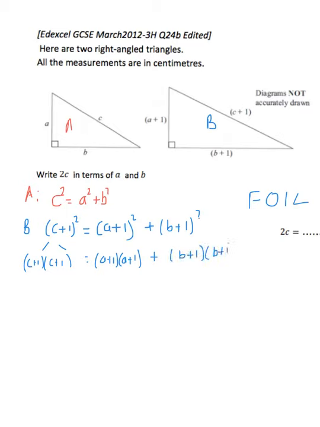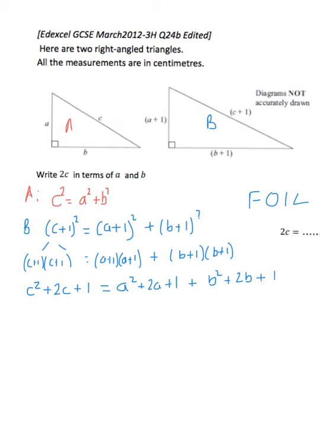Don't forget, you need to write out the brackets in full. So that would give me C squared plus 2C plus 1 equals A squared plus 2A plus 1 plus B squared plus 2B plus 1.